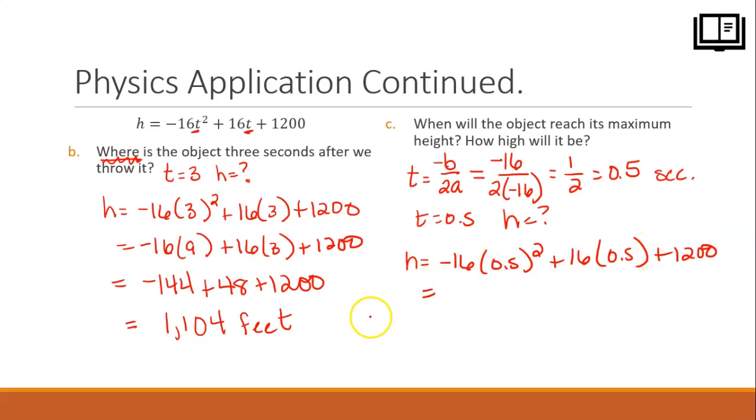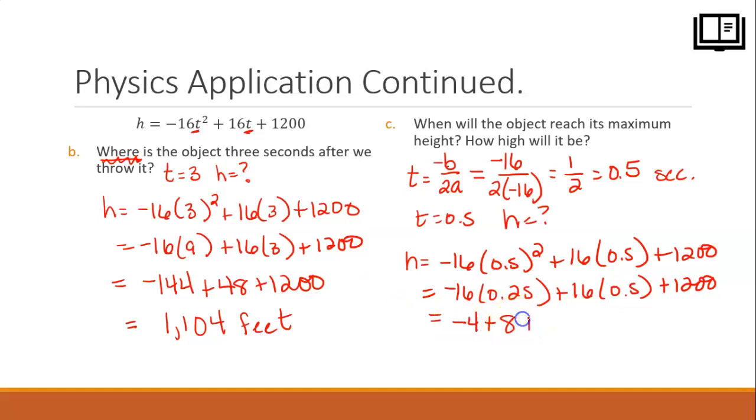Order of operations says exponents first, so it's 0.5 squared, which gives me 0.25, plus 16 times 0.5 plus 1200. Negative 16 times 0.25 gives me negative 4. 16 times 0.5 gives me 8. Then I add the 1200. Negative 4 plus 8 is 4, plus 1200 gives me 1204.